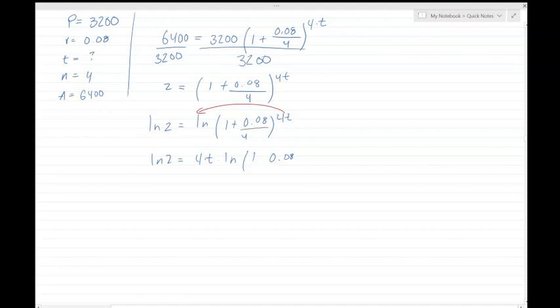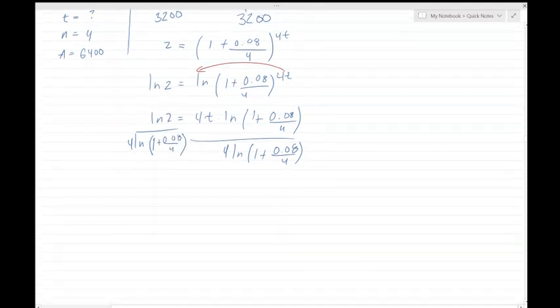The next step will be to select the things that don't belong with t and divide by them. So divide by 4 ln of 1 plus 0.08 over 4 on both sides. Therefore, t is equal to ln of 2 over 4 times ln of 1 plus 0.08 over 4.